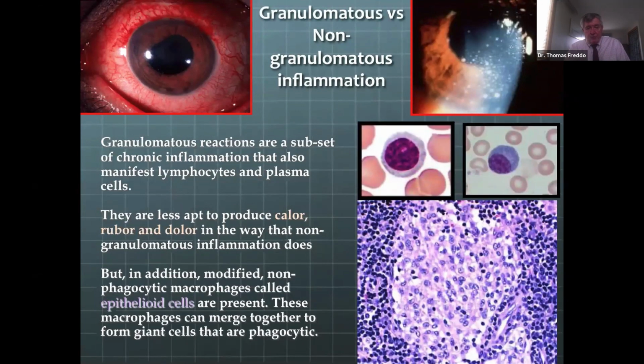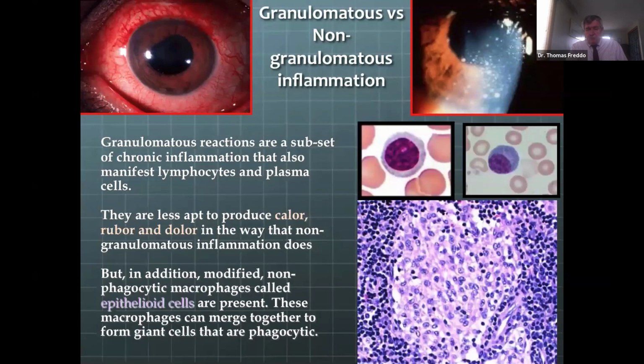Granulomatous reactions are a subset of chronic inflammation that also manifest lymphocytes and plasma cells, so they have that in common with non-granulomatous inflammation. But importantly, these diseases are somewhat less apt to produce calor, rubor, and dolor quite in the same way that non-granulomatous inflammation does.